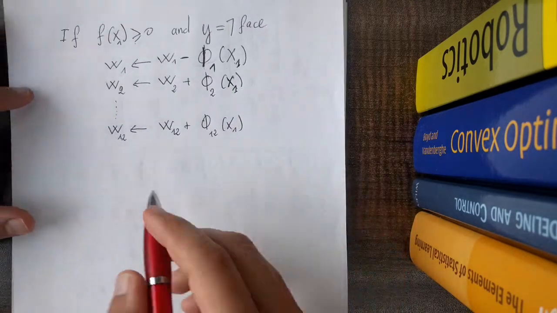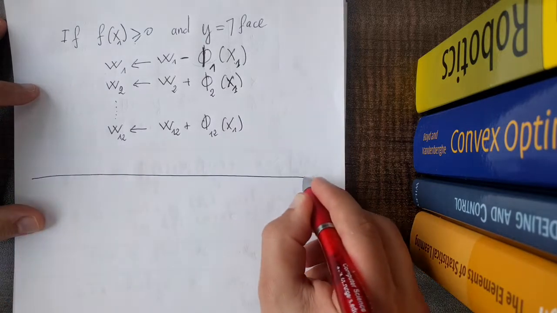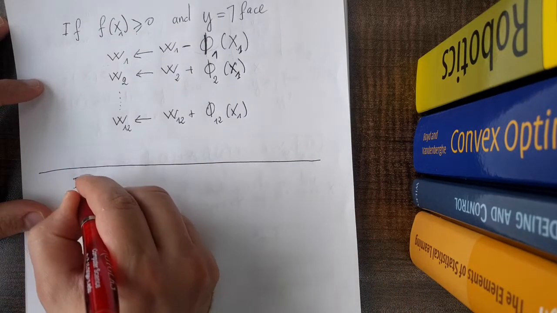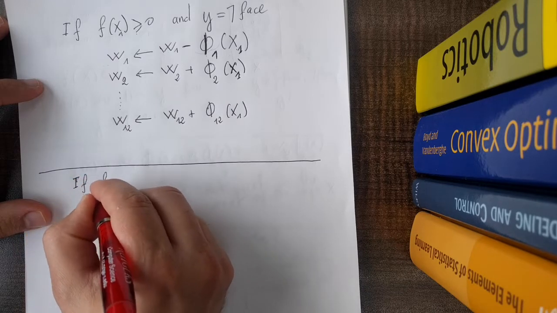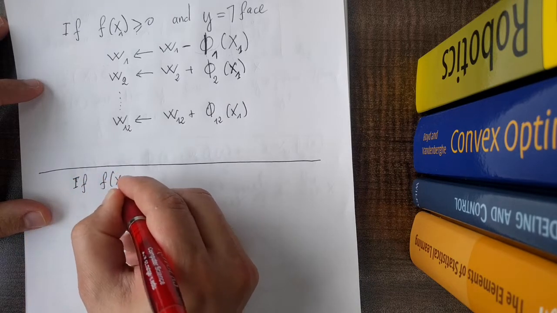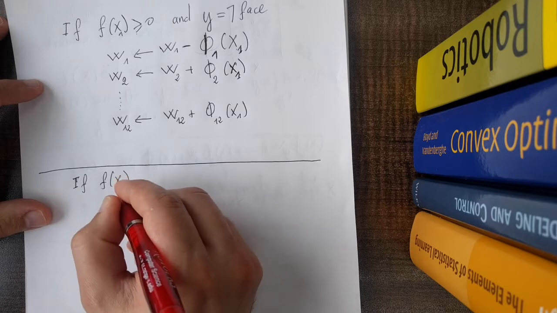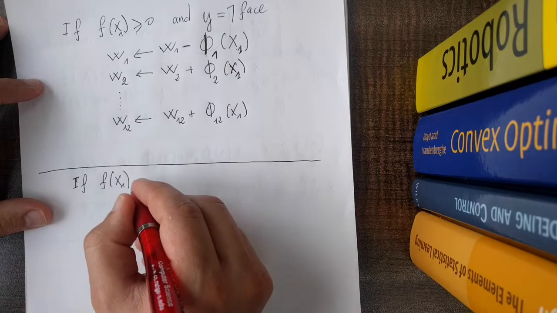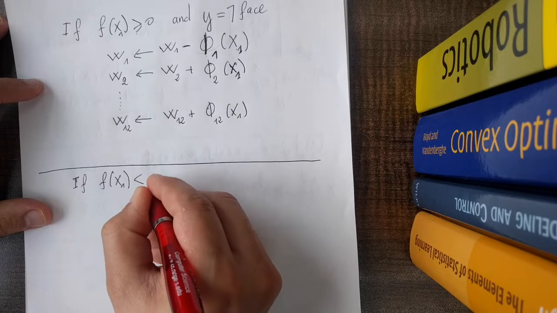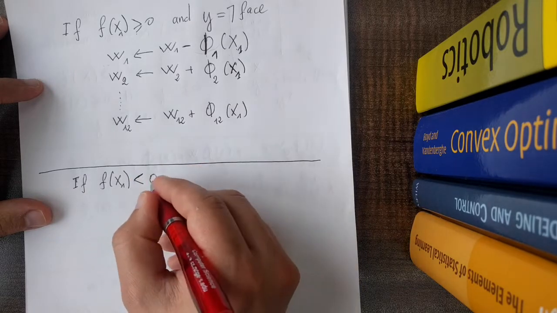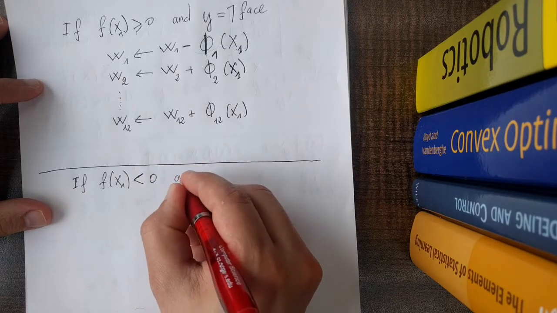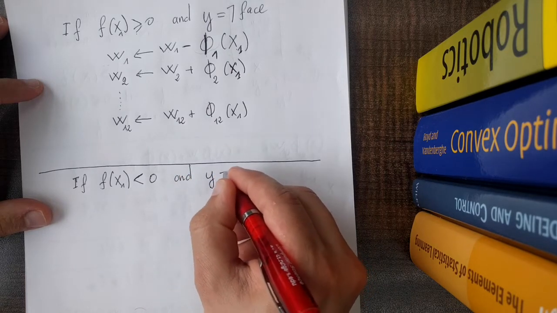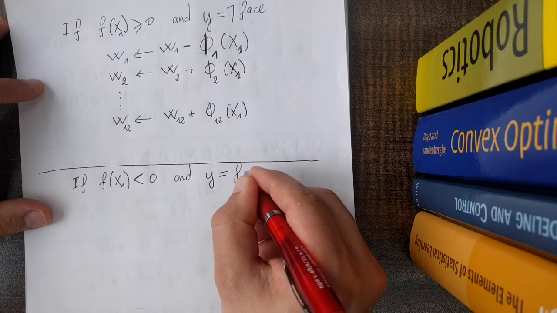Now there is another kind of error that we could be making. The second direction of the error could be that we are predicting for image x1, and of course the same applies to any image in the training data that we are learning from, a negative score, so we're predicting that it's not a phase, and in reality from our labels we know that actually it is a phase.